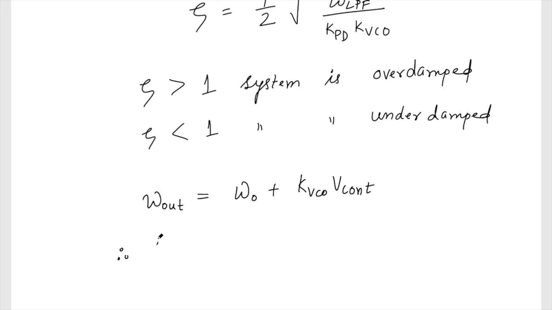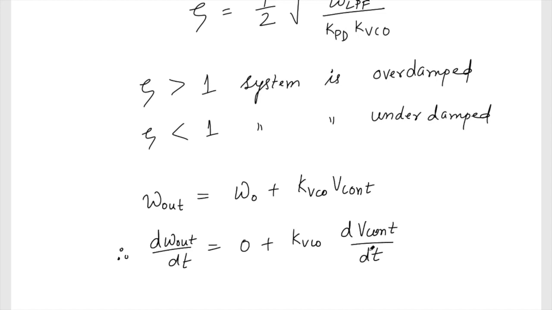If I do the differentiation, d omega out by dt is equal to 0 plus KVCO dV cont by dt.